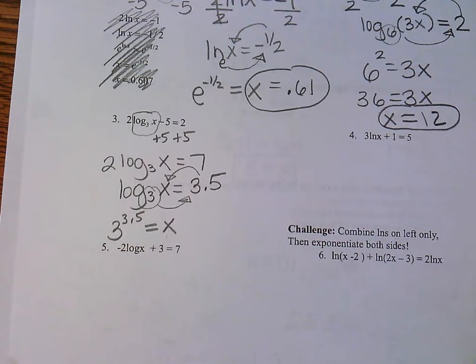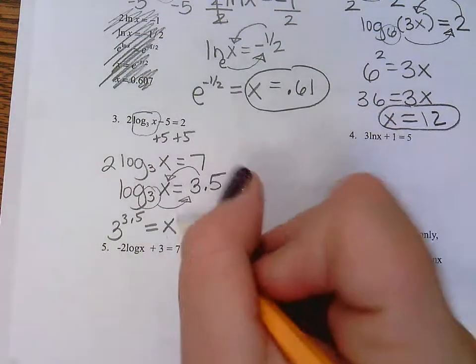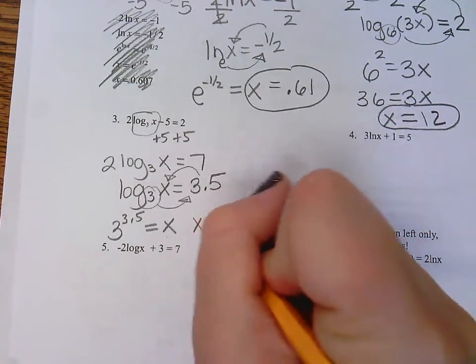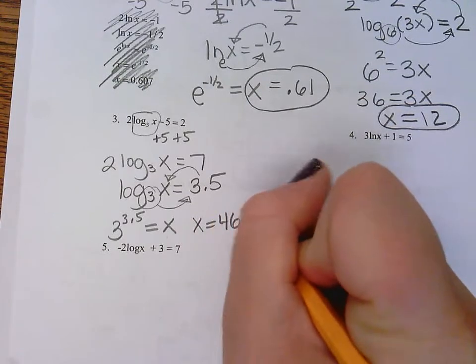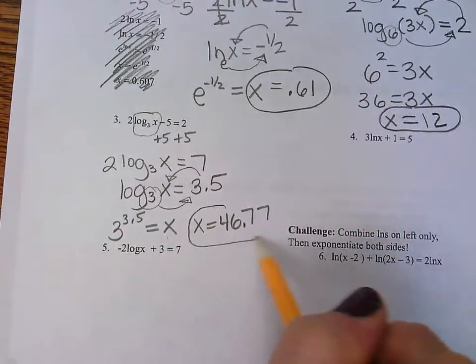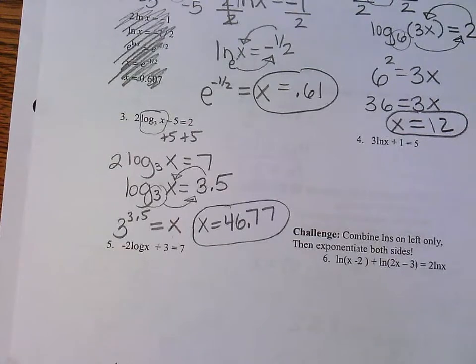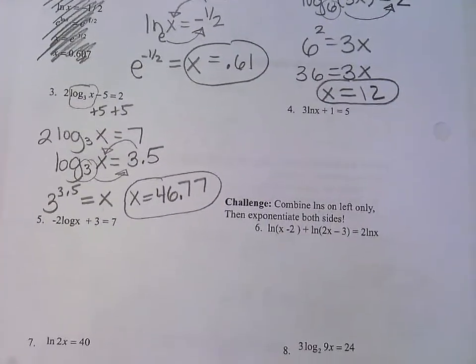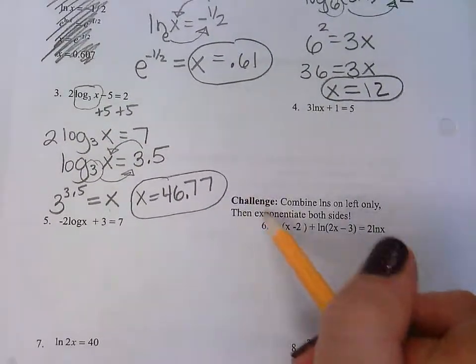So what is 3 to the 3.5 power, someone? Perfect. Nice job. 46.77. Right, you're right with us. Nice. All right, one more together, and then the challenge I'm leaving till next time.